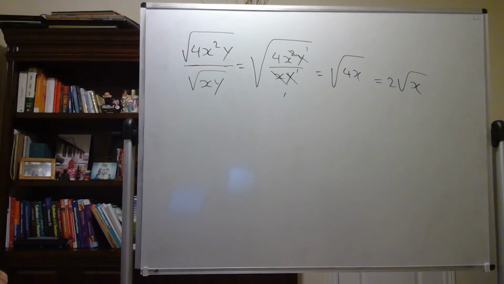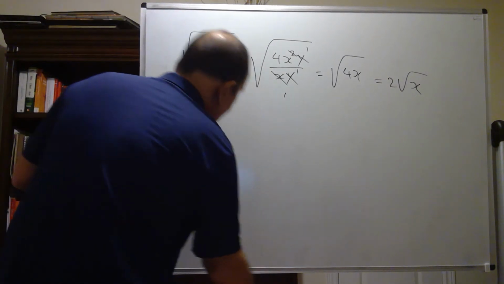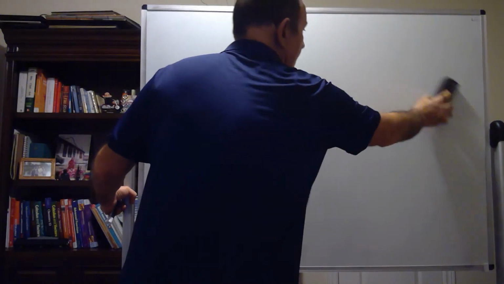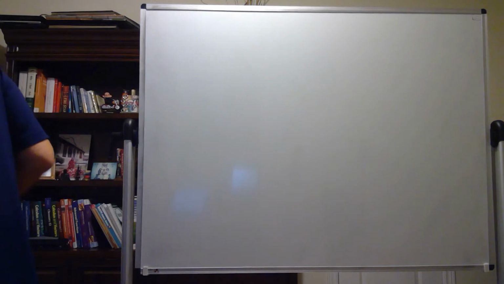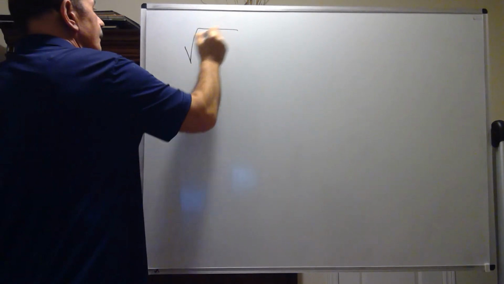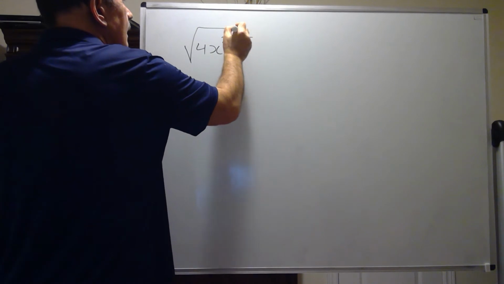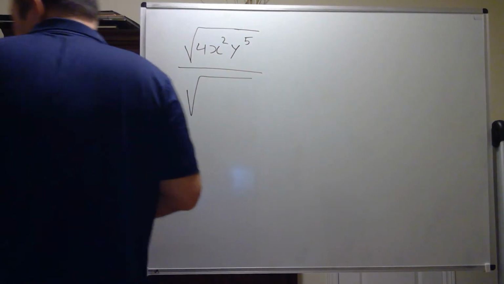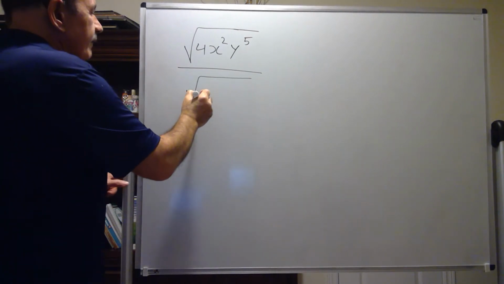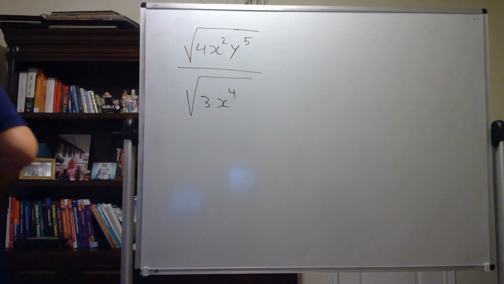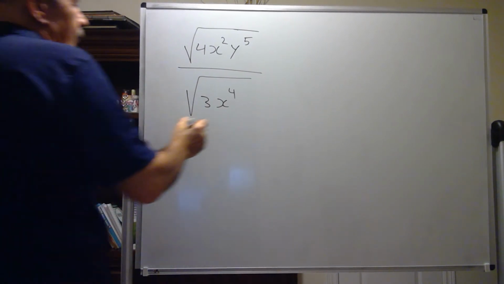Let's do one more example and then we are done for this one. Radical 4x squared y to the power of 5 over radical 3x to the power of 4 y to the power of 1, or y.